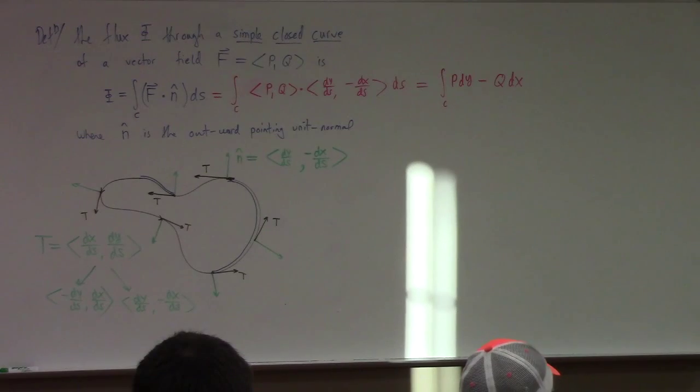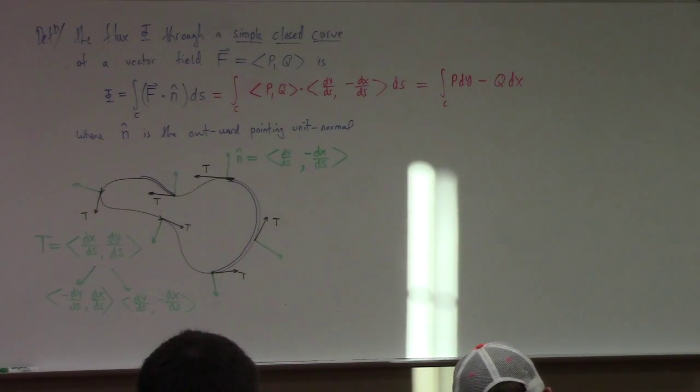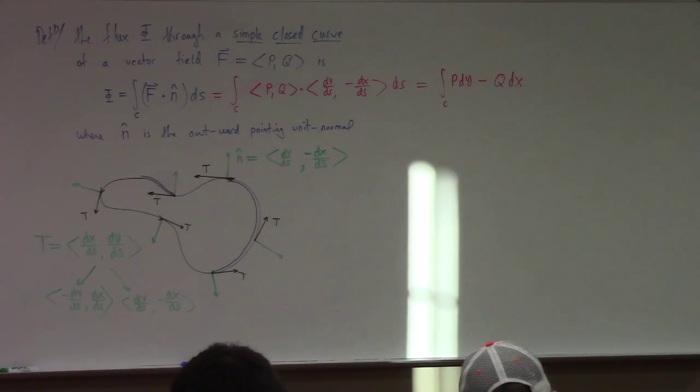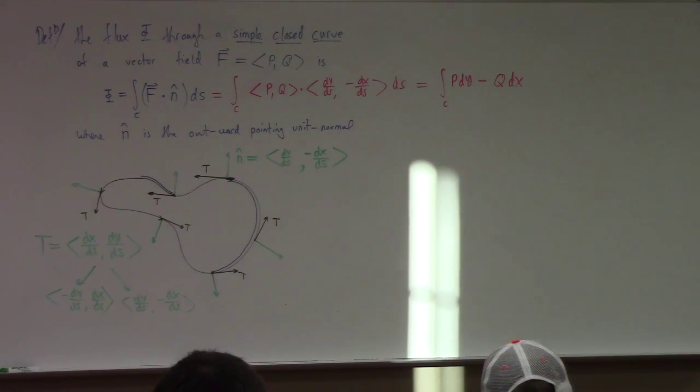So I've got dx is minus sine theta d theta, dy is cosine theta d theta. So we plug those in. Gives me cosine squared theta plus sine squared theta, because the minus and the minus go away, d theta, which gives 2 pi.